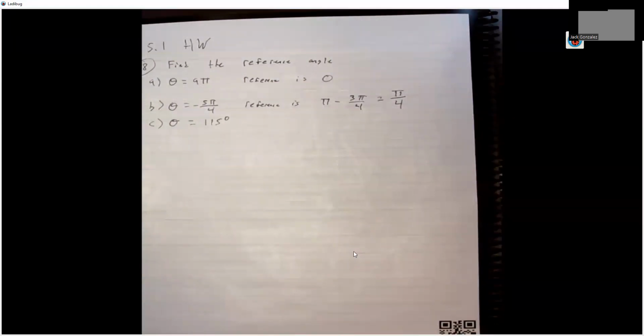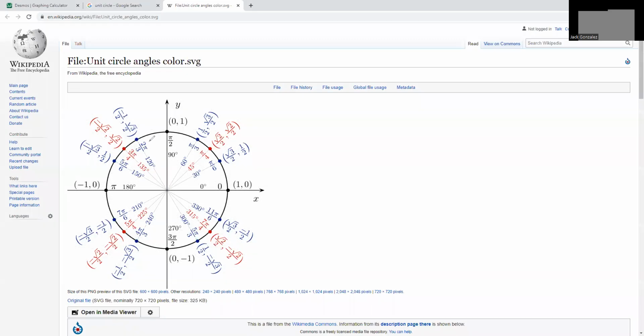That's not on the circle. It's not one of the special known angles. The 115 is somewhere over here. So the distance from here to here would be 180 minus 115. That gives you your reference.